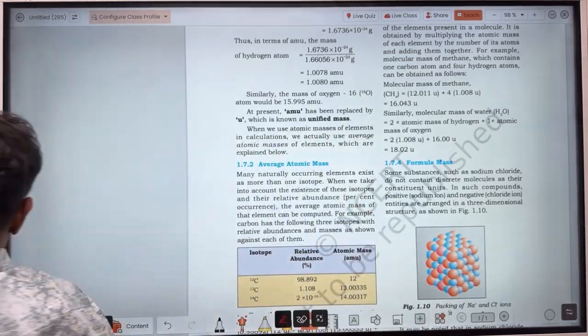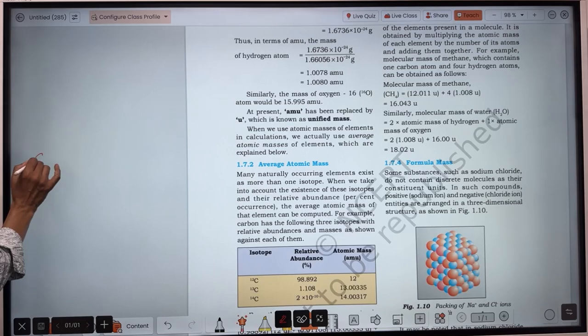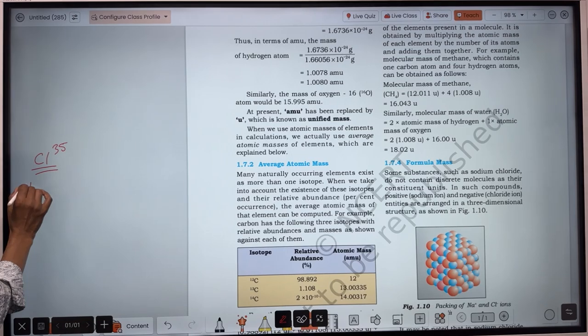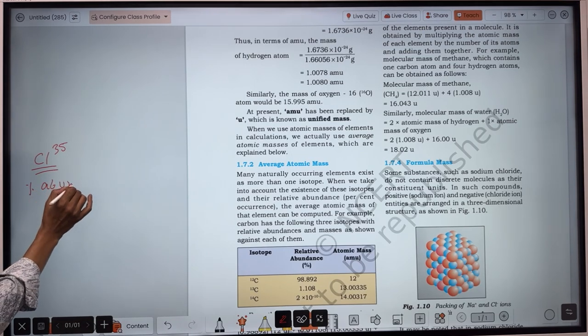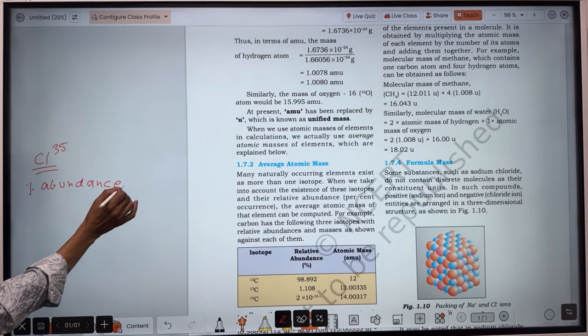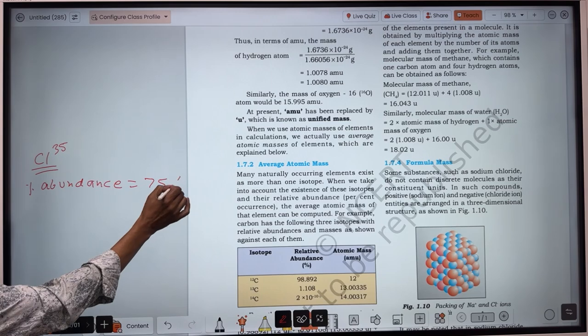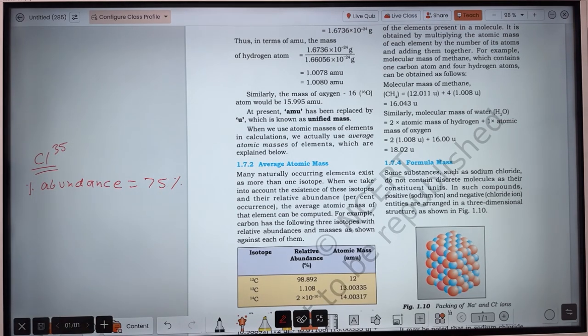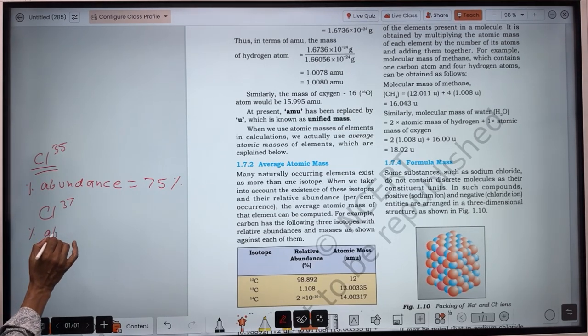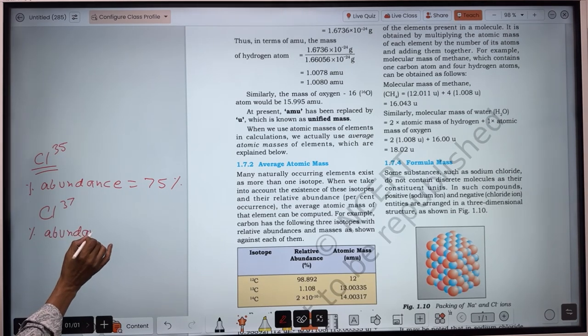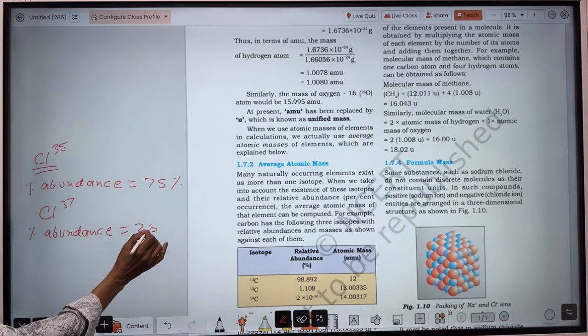For example, chlorine 35, its percentage abundance is 75%. In the same way, chlorine exists in another isotopic form, chlorine 37, and its percentage abundance is 25%.